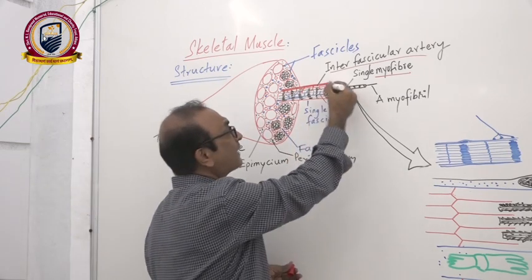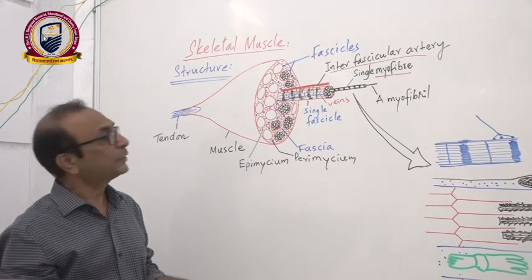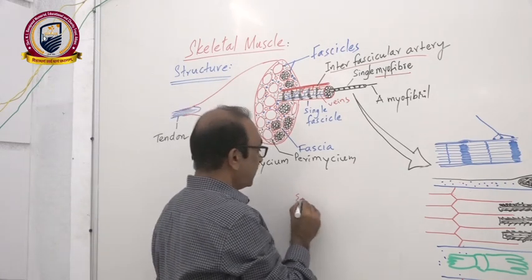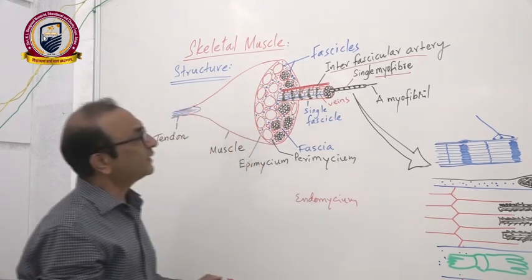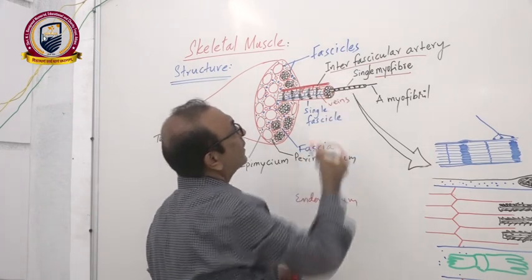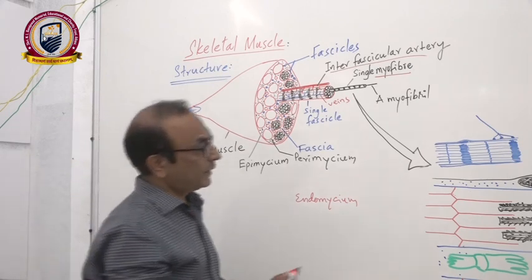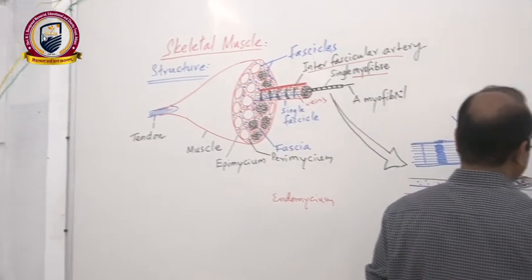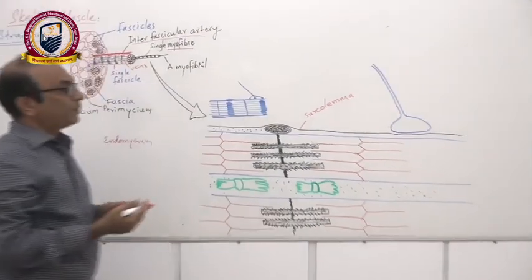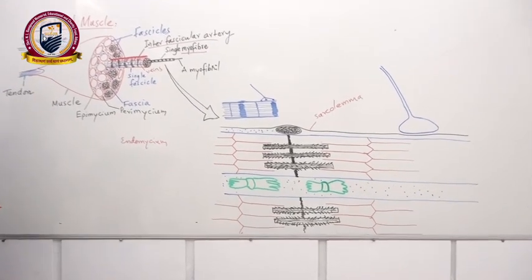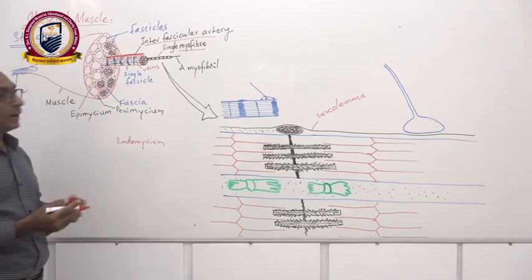And all these cells are packed into one fascicle, and they are held together by another connective tissue in between that is called endomysium. So endomysium also surrounds each of the muscle fiber, and that is nothing but the sarcolemma, we call the plasma membrane surrounding each myofiber is called sarcolemma.